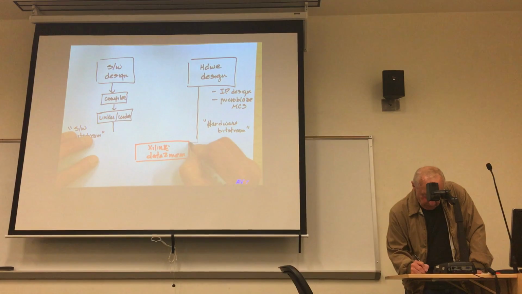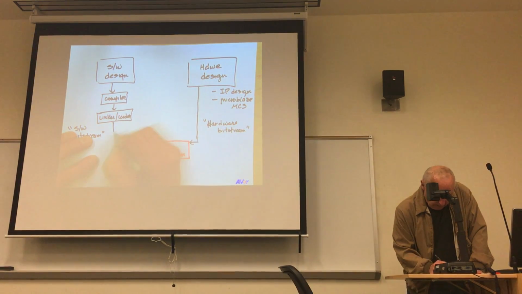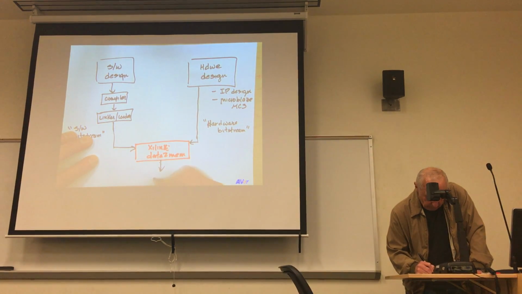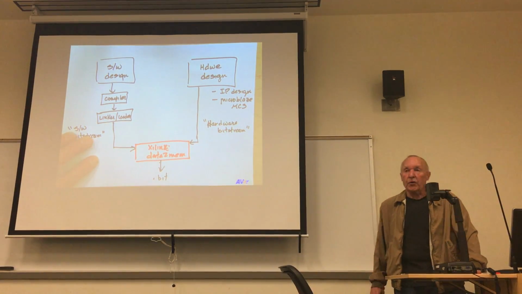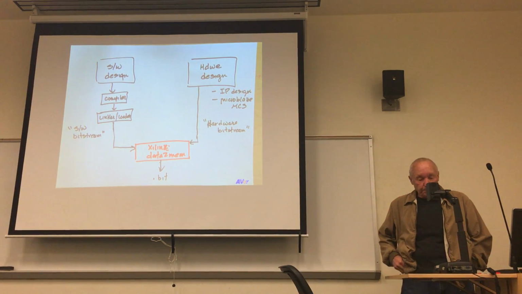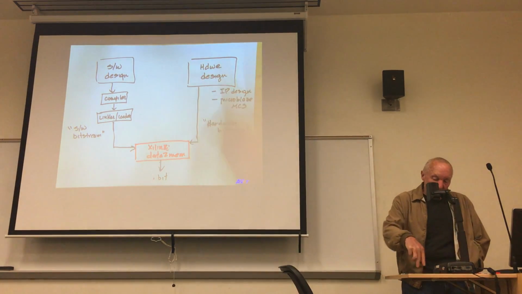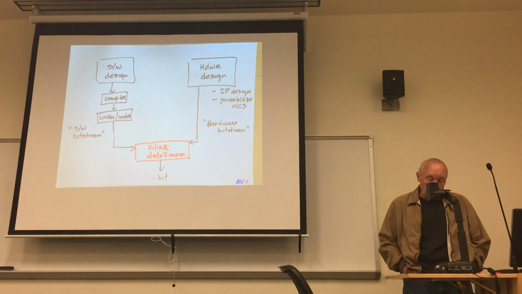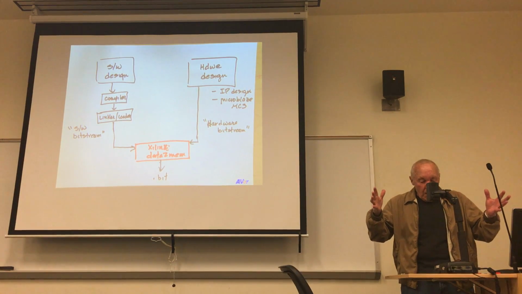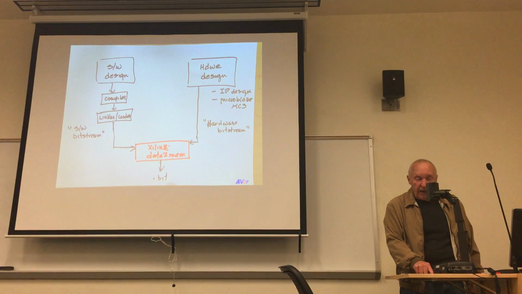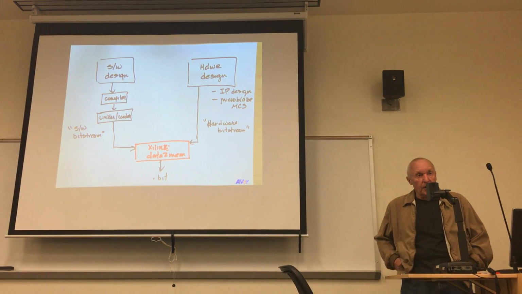It takes the hardware bit stream and the software bit stream and merges them to give you your .bit file, your data stream that you download to the FPGA. So your hardware designers can work independently, your software designers can work independently, at least through a certain portion of the phase. But then when you're ready to put everything together, you need the appropriate utility that will merge those two bit streams together to create the single bit stream, which gets downloaded into the FPGA.